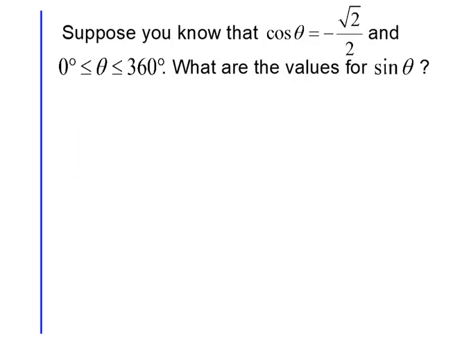Suppose you know that cosine theta equals negative square root 2 over 2, and that this theta is in between 0 and 360. What are the values for sine? What this means is that on the unit circle, we're at an x value of negative square root 2 over 2. That could be actually in 2 spots.